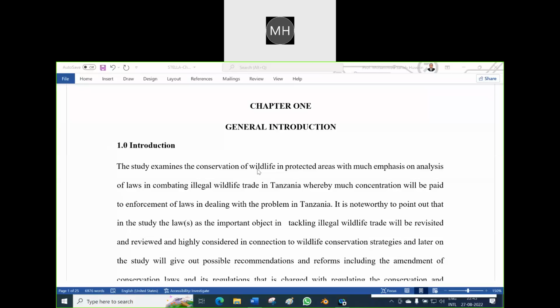When you write the introduction as a side heading, the first letter should be a capital and the other letters should be small, and it doesn't end with any punctuation. That is the rule.